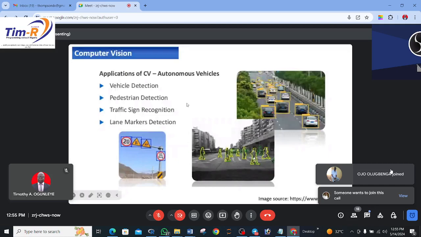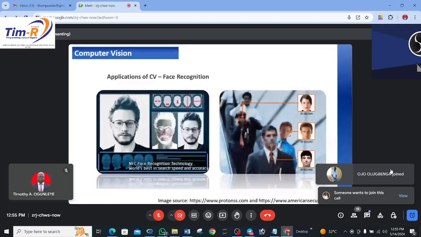Another one is face recognition, to identify a face. One thing there is that NEC face recognition technology is the world's best in search speed and accuracy when it comes to identifying a face.